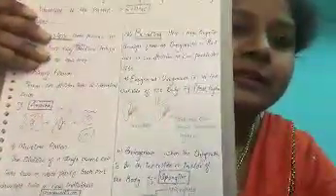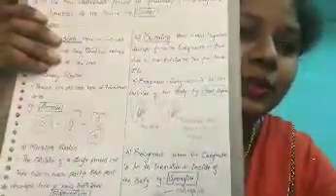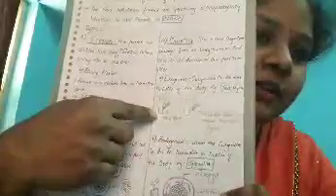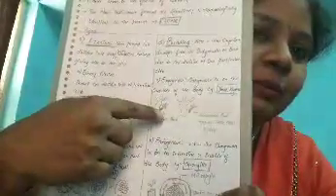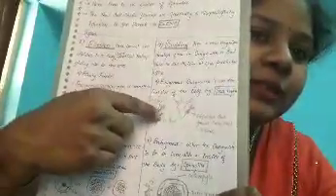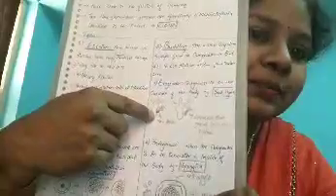So, exogenous budding examples are yeast, which is a unicellular fungus, and hydra. Here is a hydra which has a bud on the outer side of its body. So this is nothing but an exogenous bud.